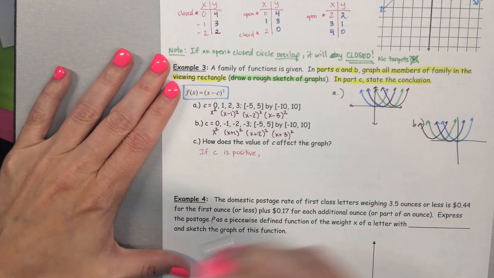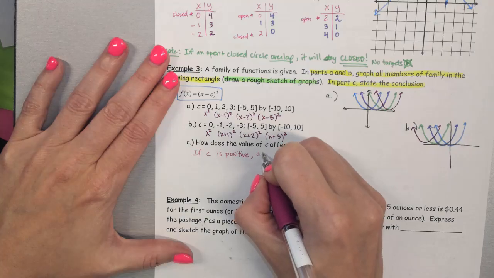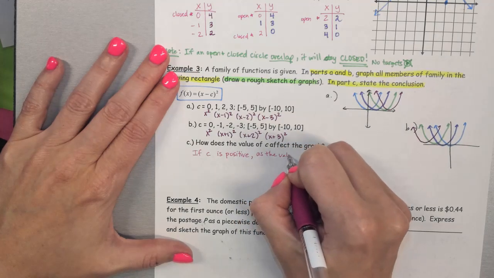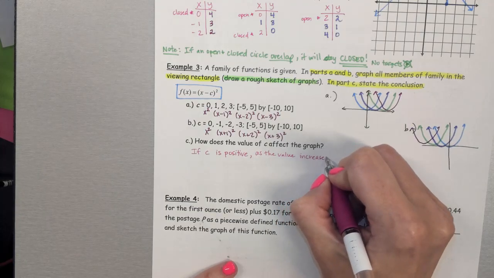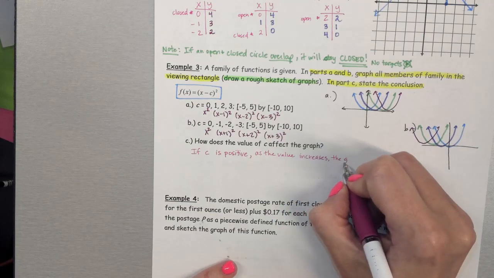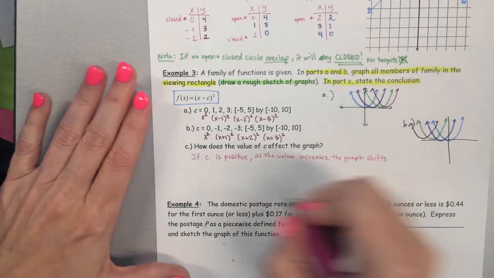If C is positive, as the value increases, the graph shifts further right.